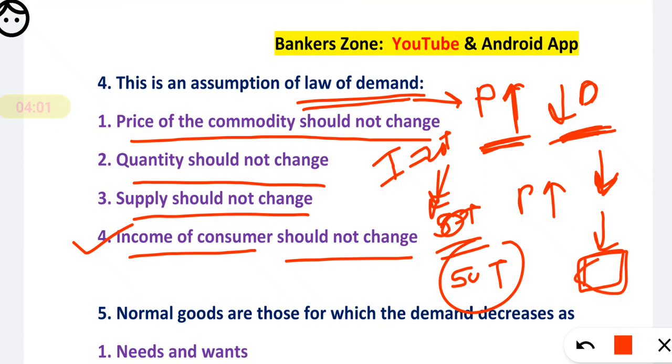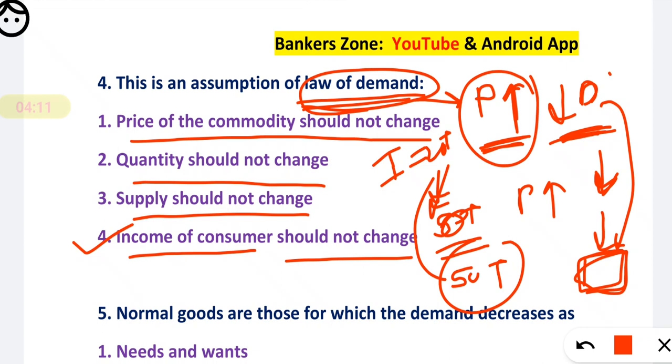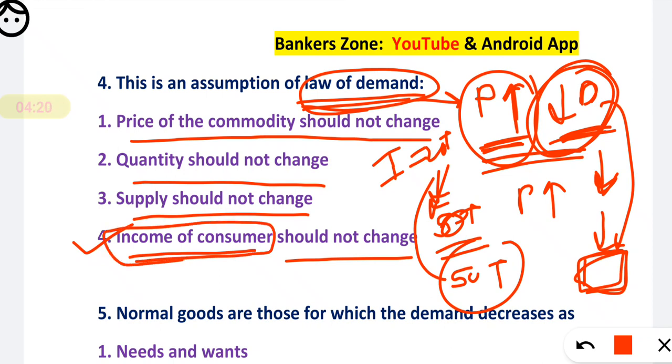That means your demand will not decrease. So the basic law of demand is that when your price increases, your demand should decrease in the market. To fulfill that law, our income should be fixed. This is the basic assumption that the income of the consumer should not change. I have explained it with the income example.